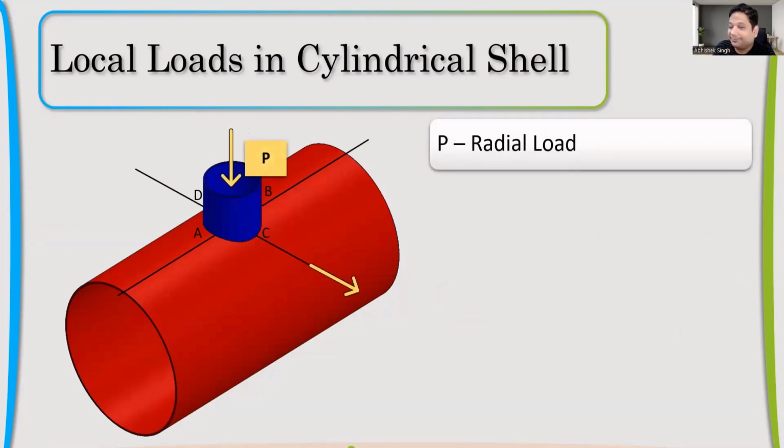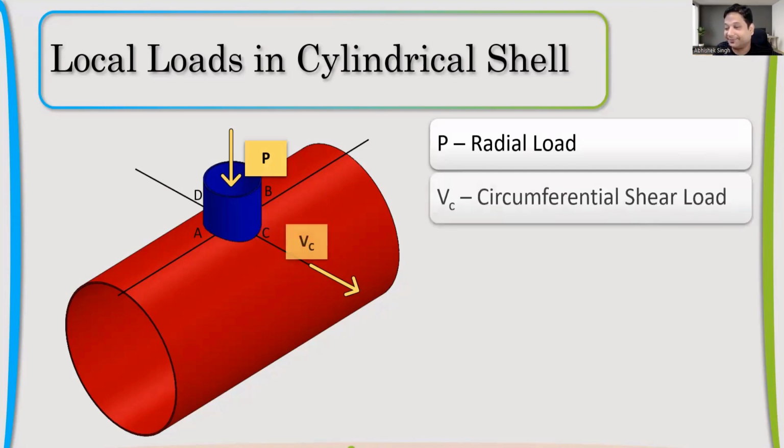What is this load, the second yellow one? Anybody can tell? Circum what? There is moment also, there is force also. Circumferential force. Okay. So this is actually the circumferential force because it creates shear. So we call it circumferential shear load. You can also call it circumferential force.